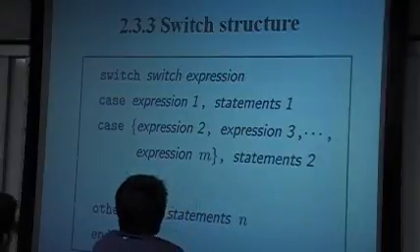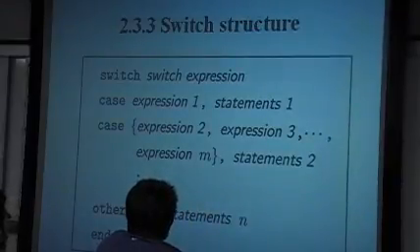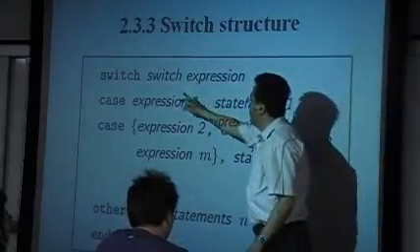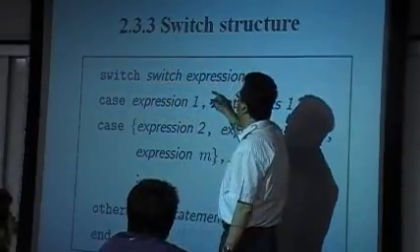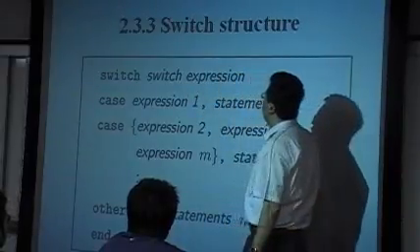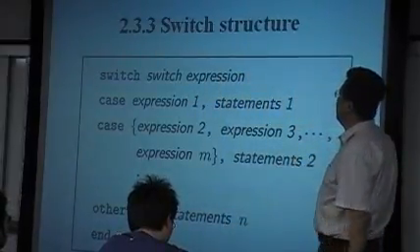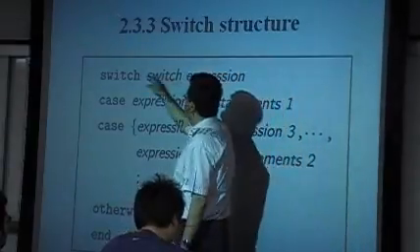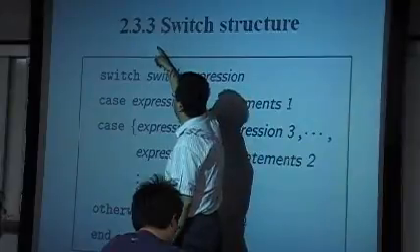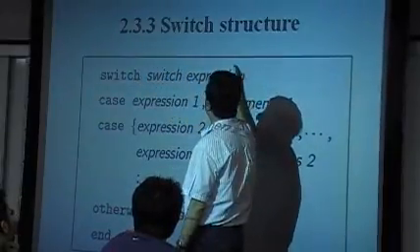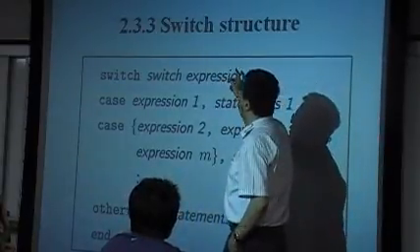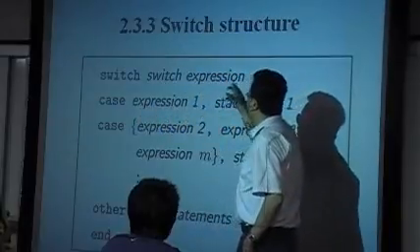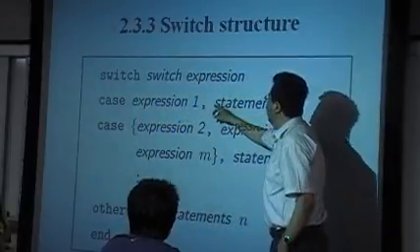And there is a switch structure which is similar to the case in the C language. We have the keyword switch, and then there is a variable name, the switch expression. And the program is like this. When executed to this point, it will test the value of the switch expression. If the value is expression 1, then this group of statements will be executed.